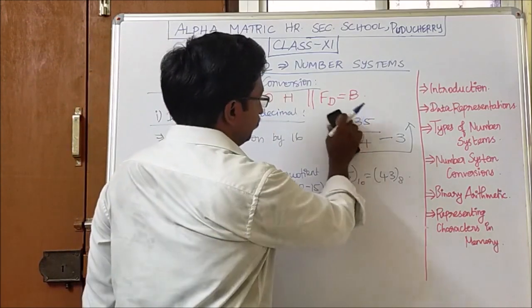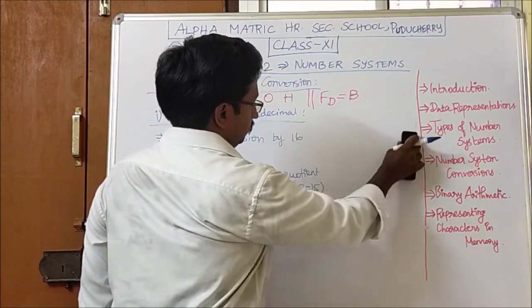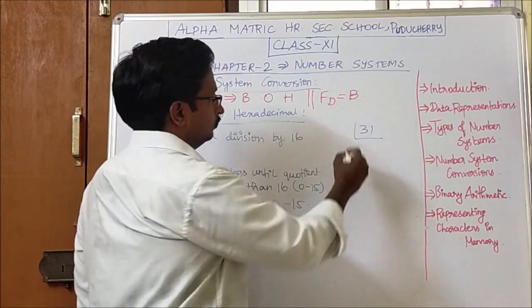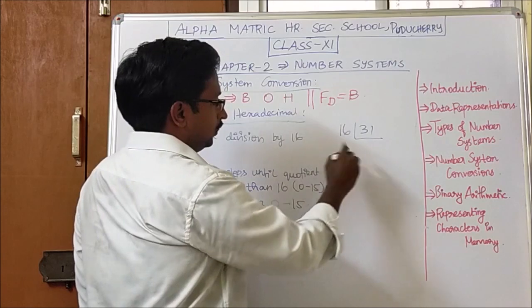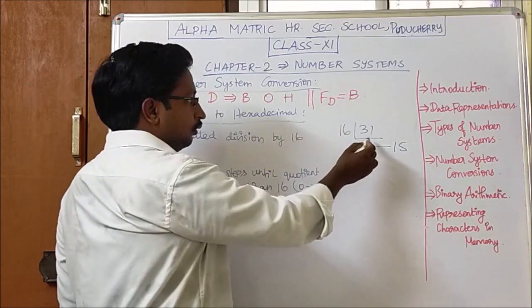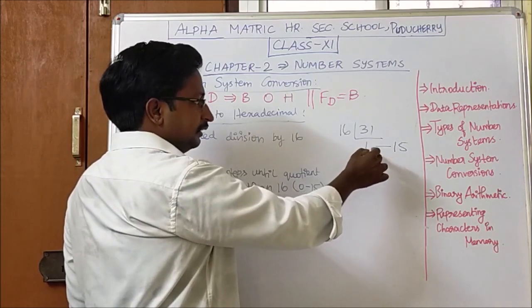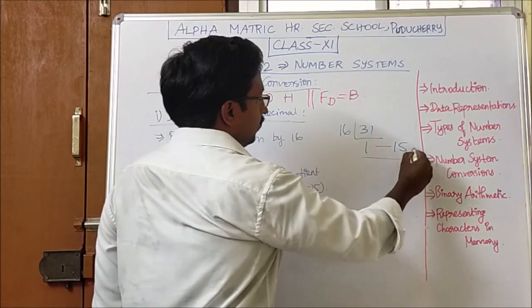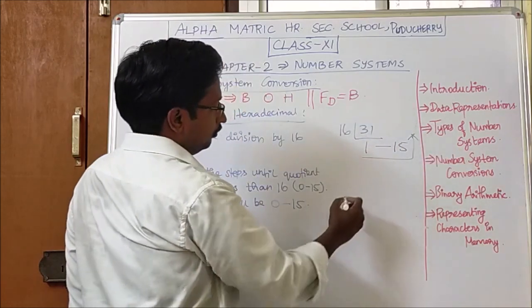So now let us see an example. I take 31, that is 1 times, and the remainder is 15. So we got the quotient also as less than 16 and the remainder also 0 to 15. So again we have to write from bottom to top.